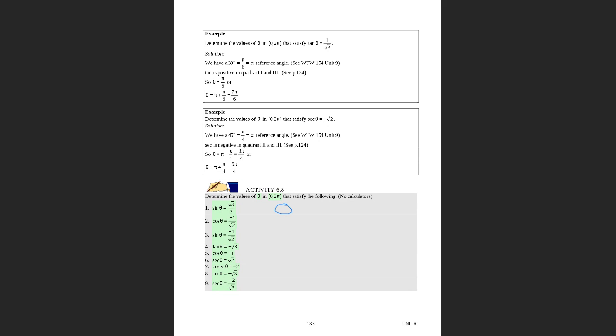Because sine is positive, your answers can be in the first quadrant and in the second quadrant. So your answers will be here and here.